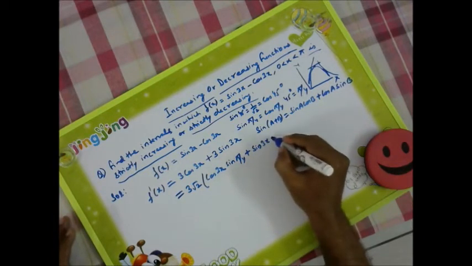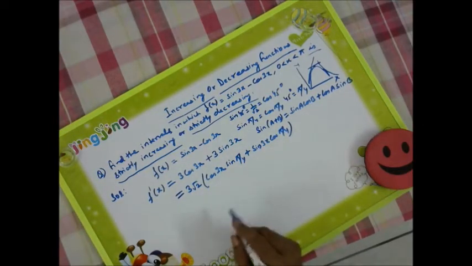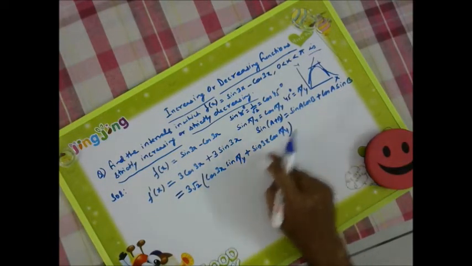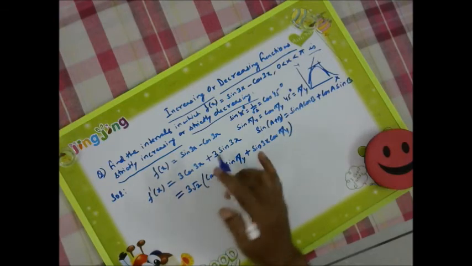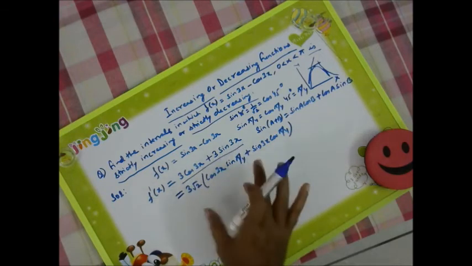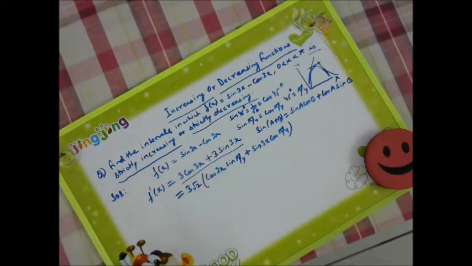3x and cos pi by 4. Cos pi by 4 is 1 by root 2, and sin pi by 4 is 1 by root 2. We multiplied with root 2 so that the 1 by root 2 gets cancelled and we get the same expression. So there is literally no difference between this expression and that expression.